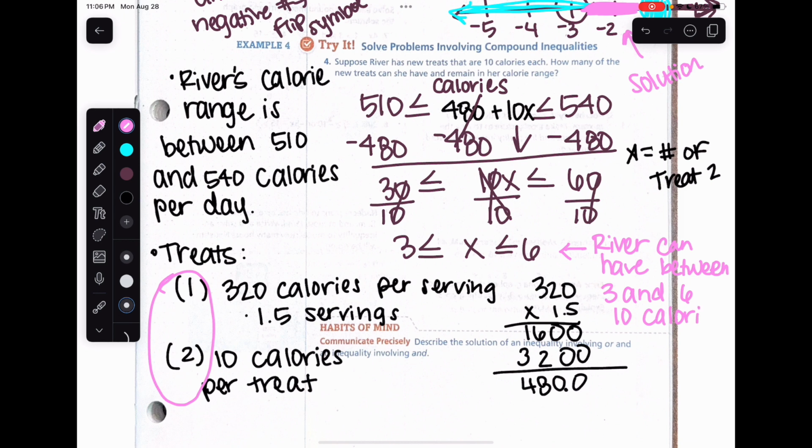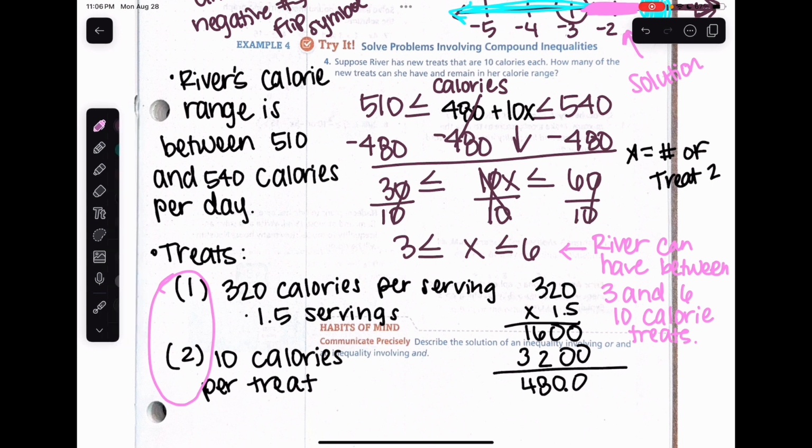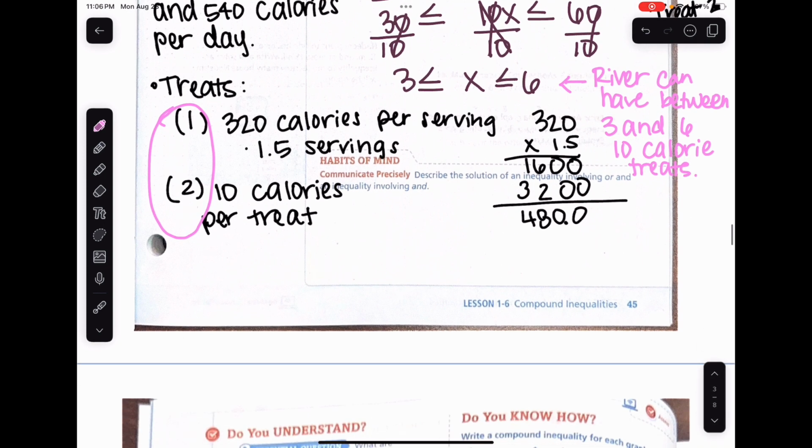Let's just call it that. Okay? And that way she'll stay within her calorie range. All right, so this was really good, okay? I really like this problem. It was a really good real world problem. All right, and we have that final one here. Let me get this out of the way.